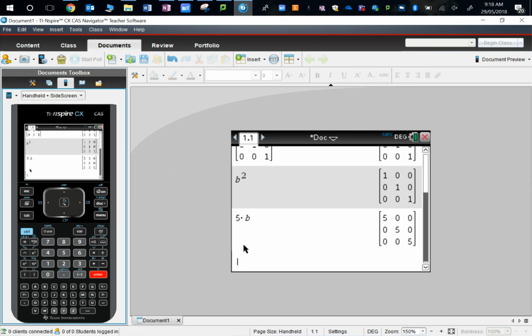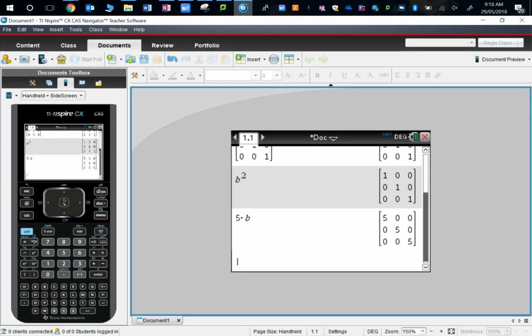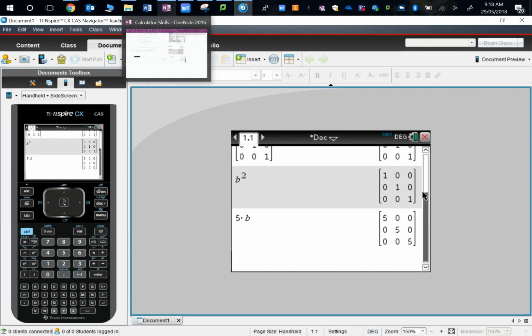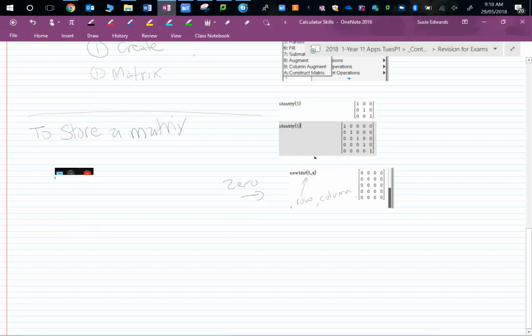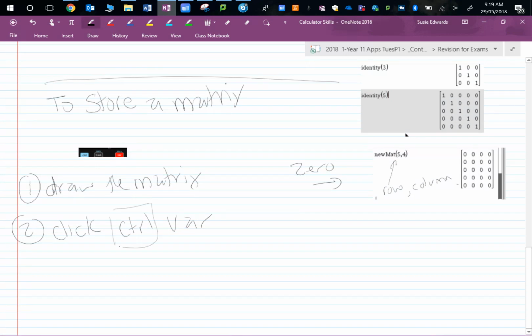But you need to be able to store them as you go. So if we store something, we need to go control var and then give it a letter. Okay, so to store a matrix, draw the matrix. Click control var. So 2 different buttons, which should bring up an arrow.